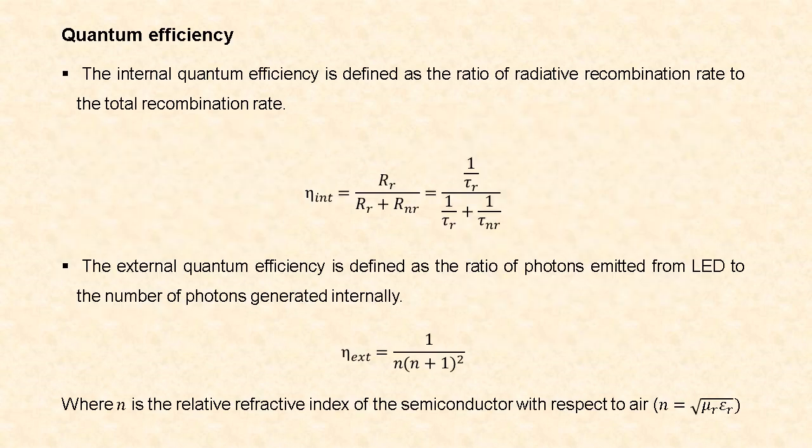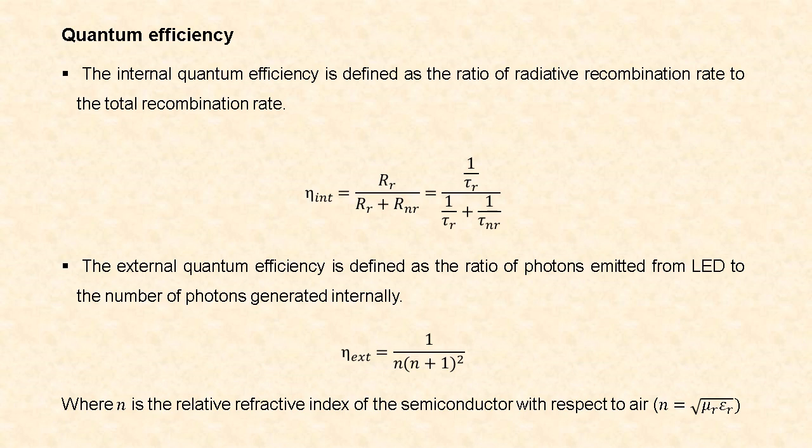Next is the quantum efficiency. The internal quantum efficiency of an LED is defined as the ratio of radiative recombination rate to the total recombination rate. Total recombination rate is nothing but radiative recombination rate plus non-radiative recombination rate.